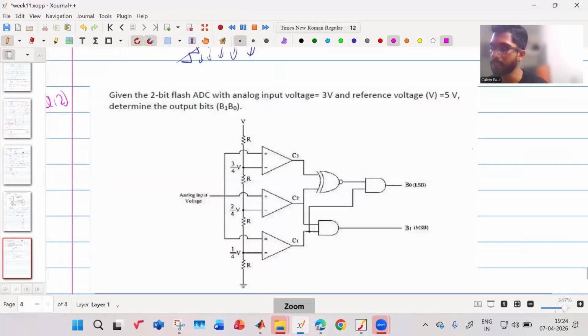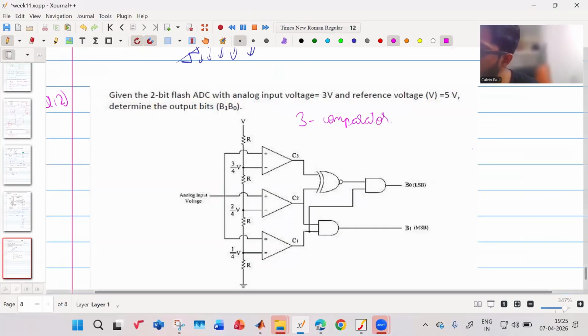So this is a 2-bit flash ADC. As I told you, how many comparators does it have? You have 3 comparators in the 2-bit flash ADC. This voltage is 5 volt. Analog input voltage is 3 volt. So I want you to tell me what is the voltage over here, over here, over here. Can you tell me the numerical value of that voltage?